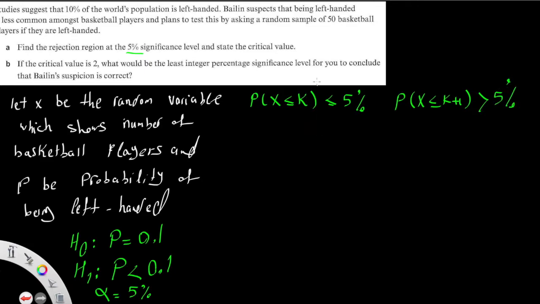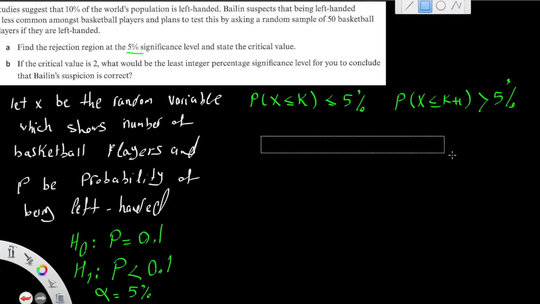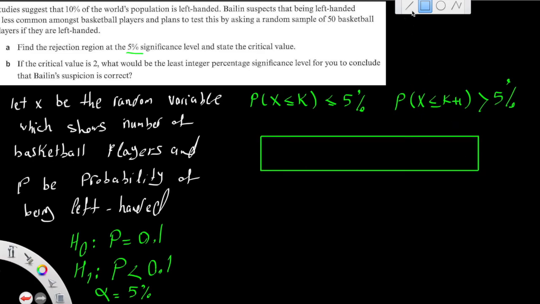Actually, k will be the boundary of the rejection region. So at k or below k, you are included in the rejection region. It should be less than 5%, which is given in the question. And right after k, which is k plus 1, you should be out of the rejection region, so it should be more than 5%. Now, here let's calculate the corresponding probability for each case.